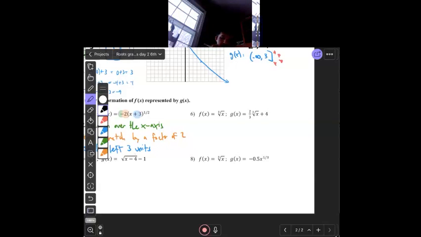All right, so here in number 6, we see both of them are cube root functions. What I see that's different about them, g of x has a 2/3 in front of it and a +4 after it. So that 2/3 is in the front where a is. That's our stretch or compression. Since it's less than 1, it's vertical compression.